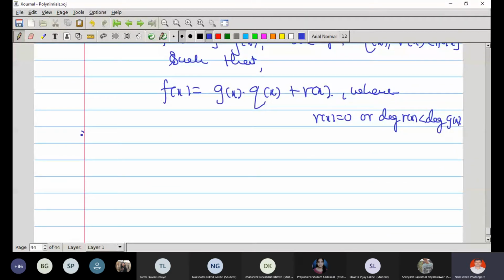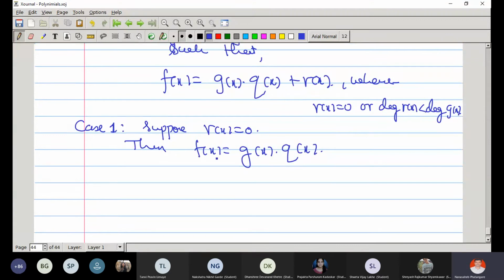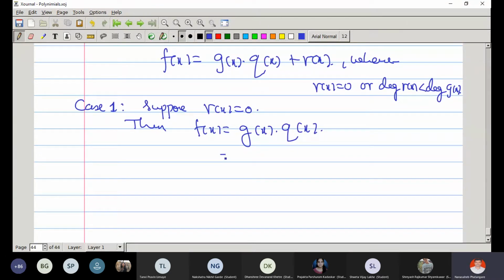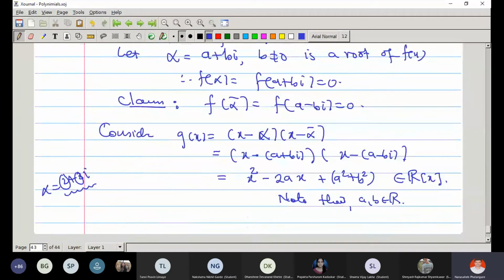Right, now there are two cases. Case 1, suppose r(x) is 0. Then f(x) is equal to g(x) times q(x). But what is g(x)? It is (x minus alpha) times (x minus alpha conjugate). So f(x) is (x minus alpha)(x minus alpha conjugate) times q(x).